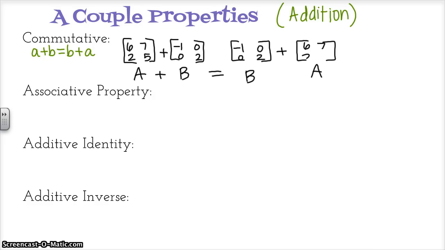No matter which way you go about adding these two, you're going to get the same result. You're going to get 5, 7, 2, 7. I wish I could say it was more exciting. You switch the order, you're going to get the same result.